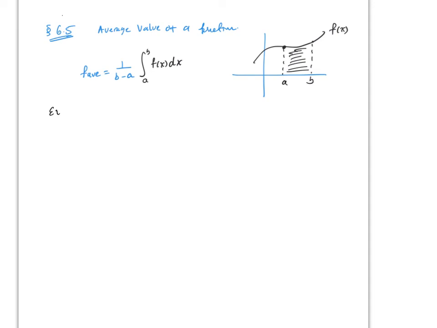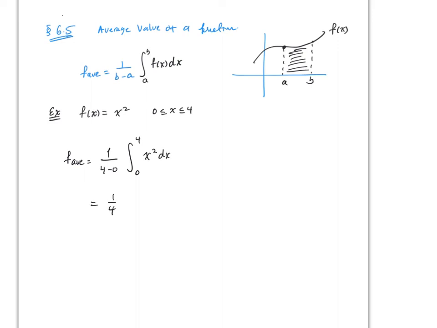So for example, the easiest thing will be we have f of x equals x squared, and x goes from 0 to 4. So in that case, the average value of the function is going to be 1 over 4 minus 0 times the integral from 0 to 4 of x squared dx.